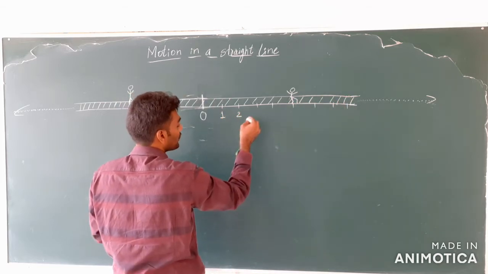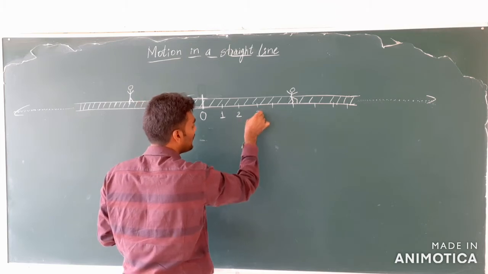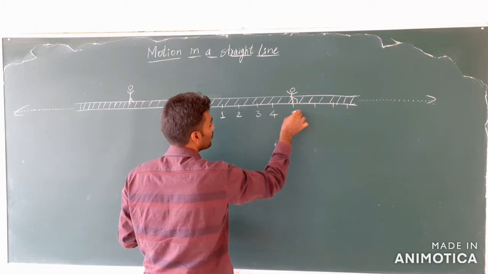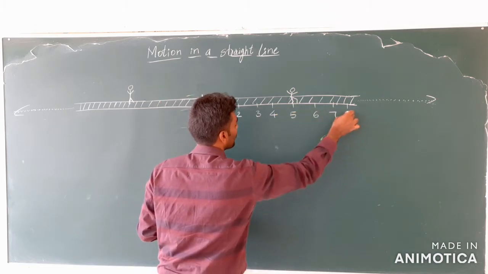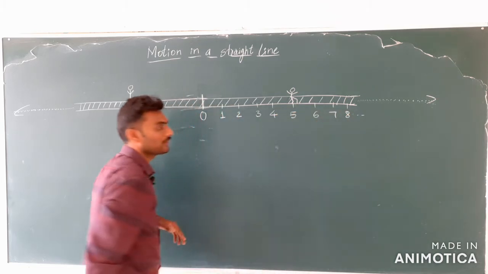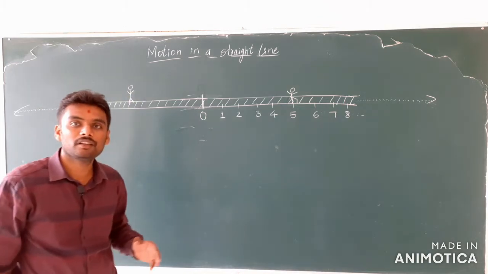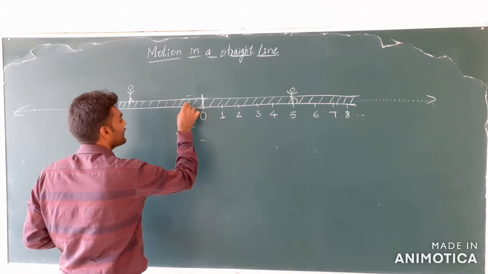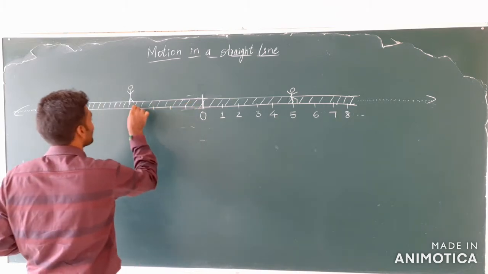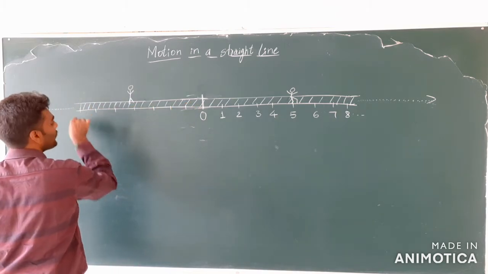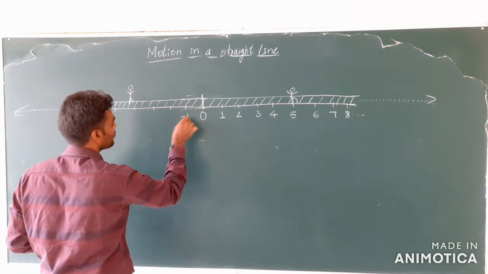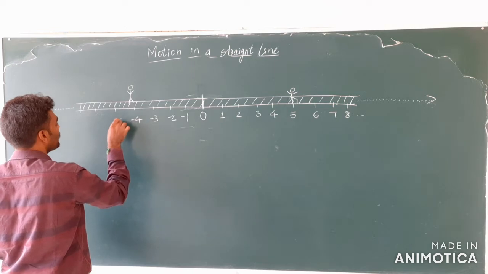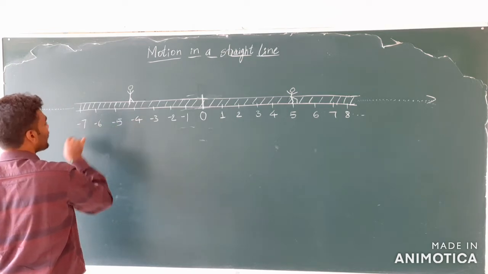as positive integers like this: 0, plus 1, plus 2, plus 3, 4, 5, 6, 7, 8, and so on. Similarly, to the left of the 0, we need the readings, and we will name them using negative integers: minus 1, minus 2, minus 3, minus 4, minus 5, minus 6, minus 7.